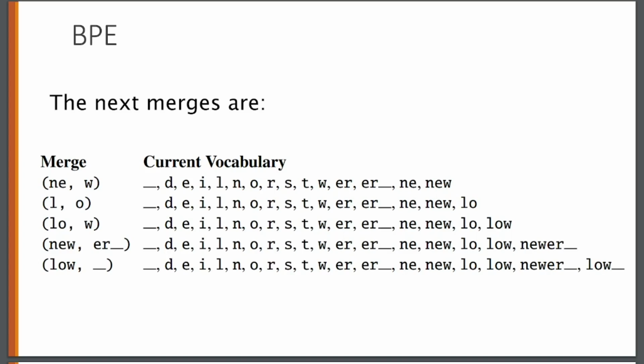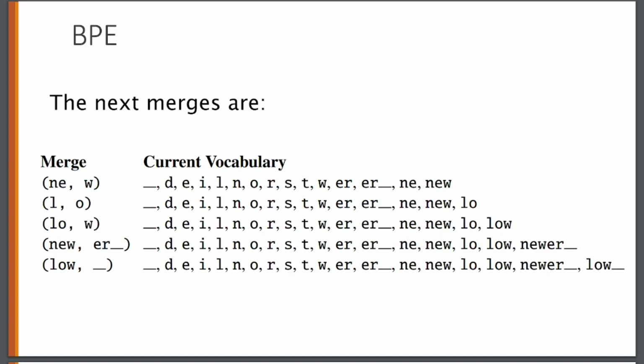We end up with the vocabulary shown on the bottom line of this row, which is all of our base characters. Notice we have not removed our base characters nor our end of word token. But we've learned that newer and low are words in our vocabulary. So we have learned to represent tokens.